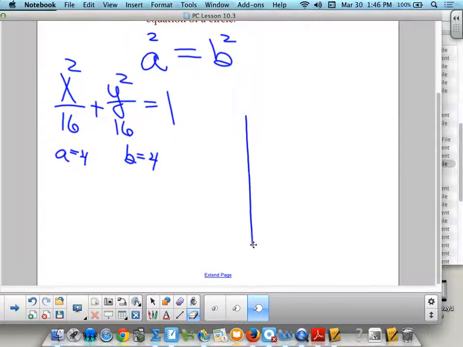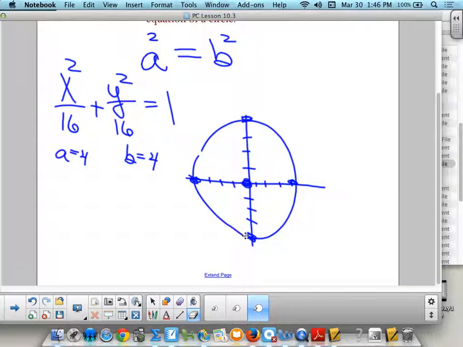If I graphed it, center at 0, 0, 4 here, 4 there, 4 up, 4 down, you have a circle. If the A squared and the B squared are the same, you have a circle. Once they change on you, then one axis gets bigger, which brings in the ellipse.